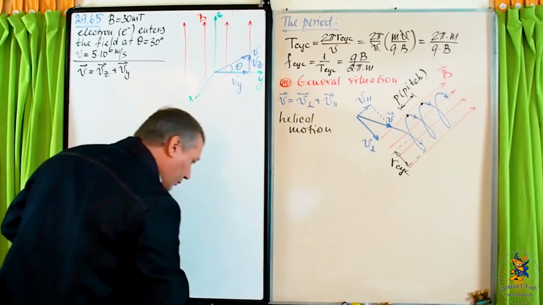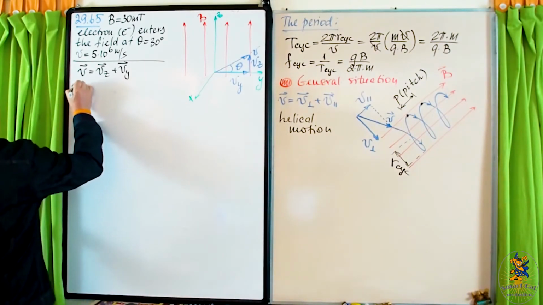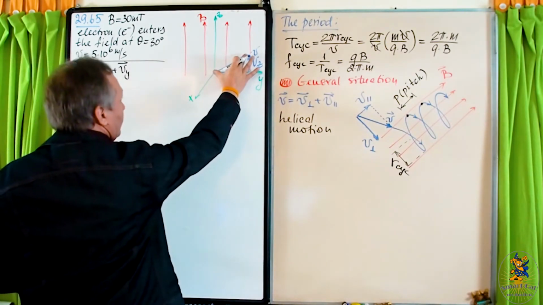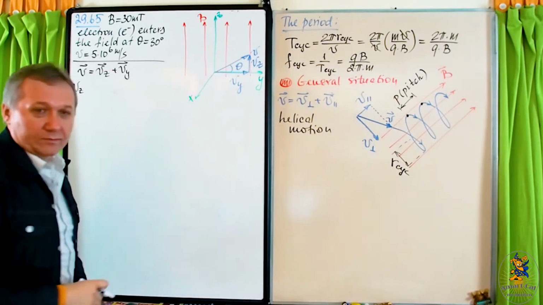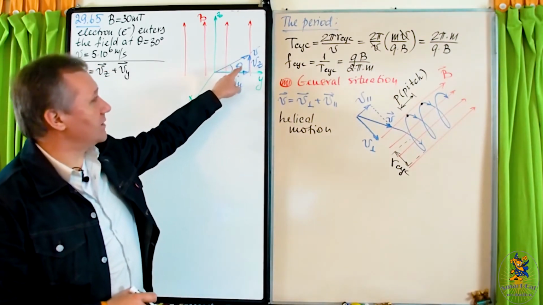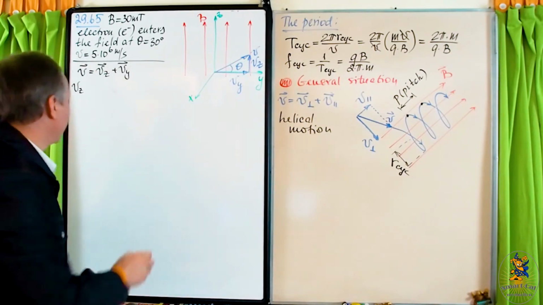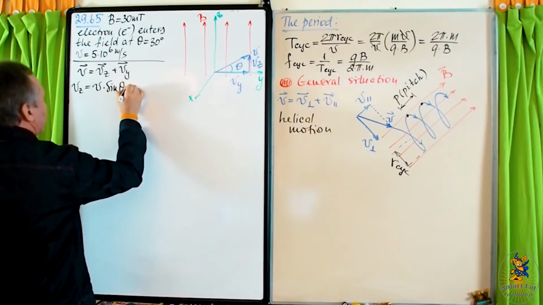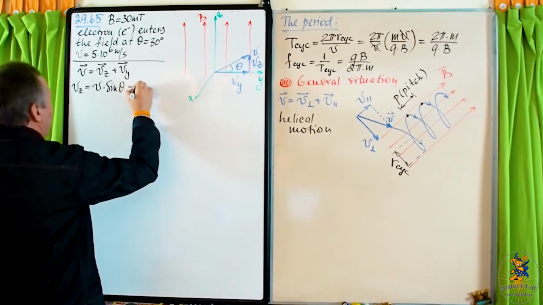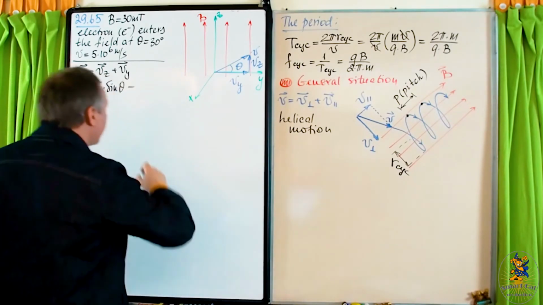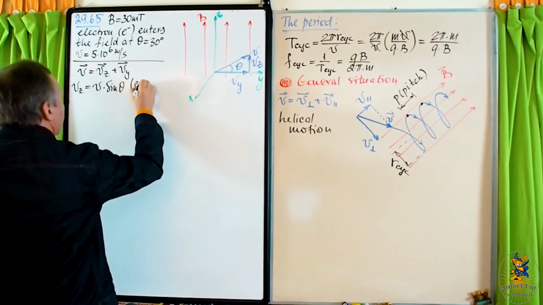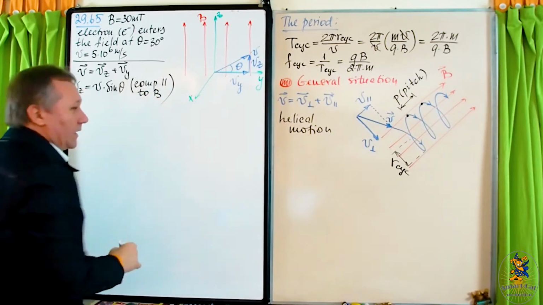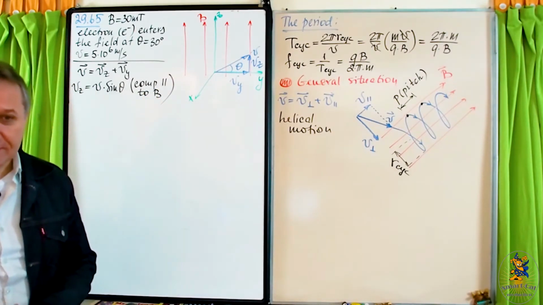So which one did I write first? Okay, let's start with Vz. So the magnitude of V sub z, it's just V times what? Sine of the angle theta, because that side V sub z is opposite to the given angle. So it will be V times sine theta. And of course you can calculate. So this is the component parallel to B. And what trajectory is this component going to give us?